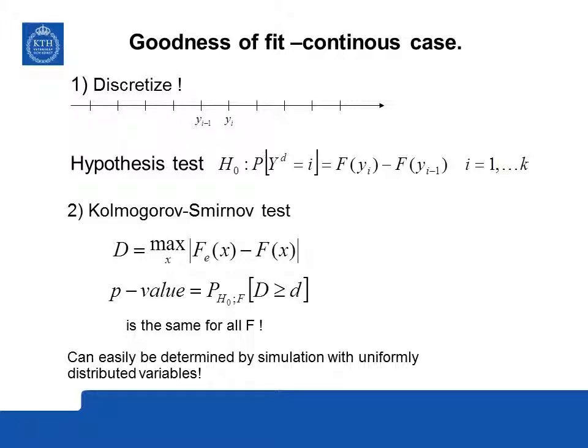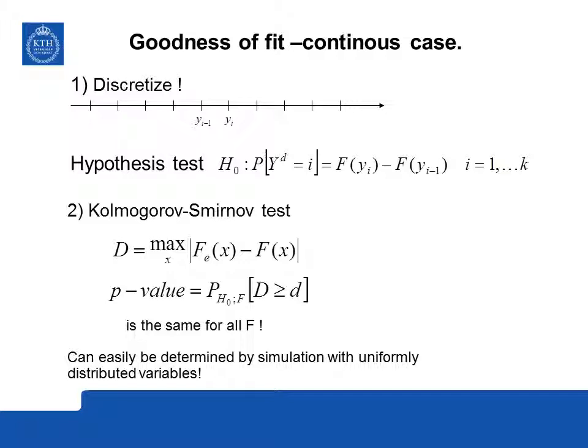And you compare the statistic D with the threshold small d, and as you expect, if D is very large, the discrepancy between the empirical distribution and the real distribution is very large, we are likely to reject the hypothesis. And the p-value is exactly the probability of doing this rejection, even though H0 is true.